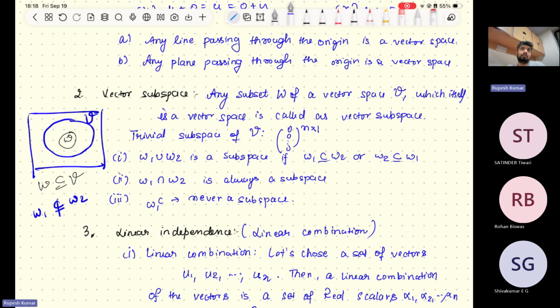That's what you are saying, right? Right. So with the given data, it is not a subspace. But if someone says the option is independent of whatever is given, they are saying W1 union W2 is a subspace only if this scenario happens, and that is a true statement. That's why my doubt comes in.